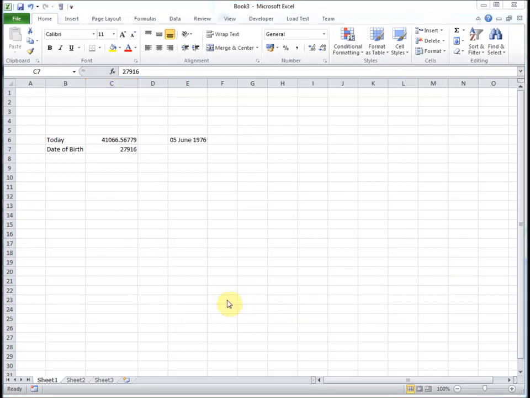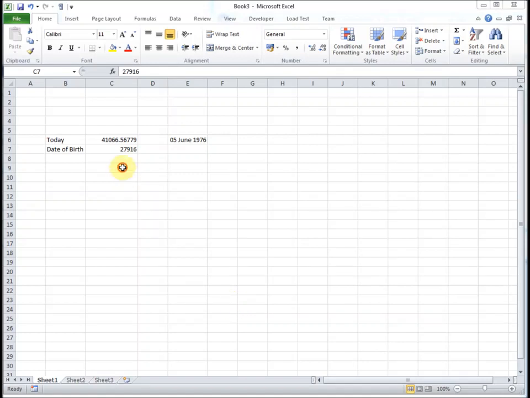So, if we know the number of days that have elapsed between the 1st of January 1900 and the 5th of June 1976, and we also know the number of days that had elapsed between the 1st of January 1900 and today, what can we do?